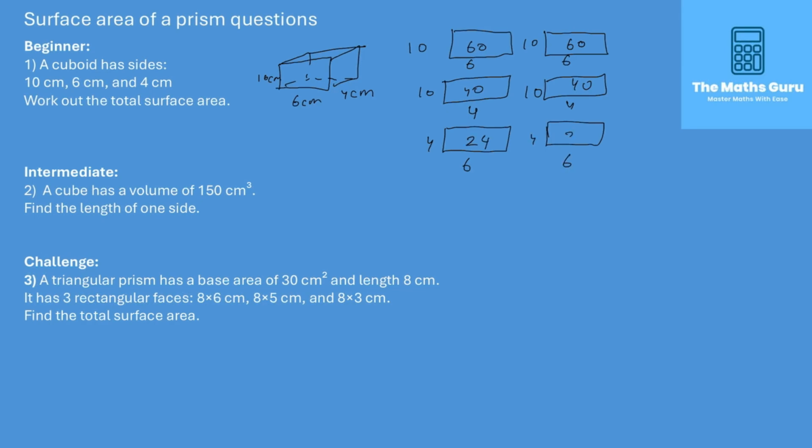And we have 6 by 4 here, which is 24. Now, if we add these all together, we get the total area on the exterior of our shape, which is what we're looking for, which makes this 248 centimeters squared. And because we're dealing with area, the units are centimeters squared.